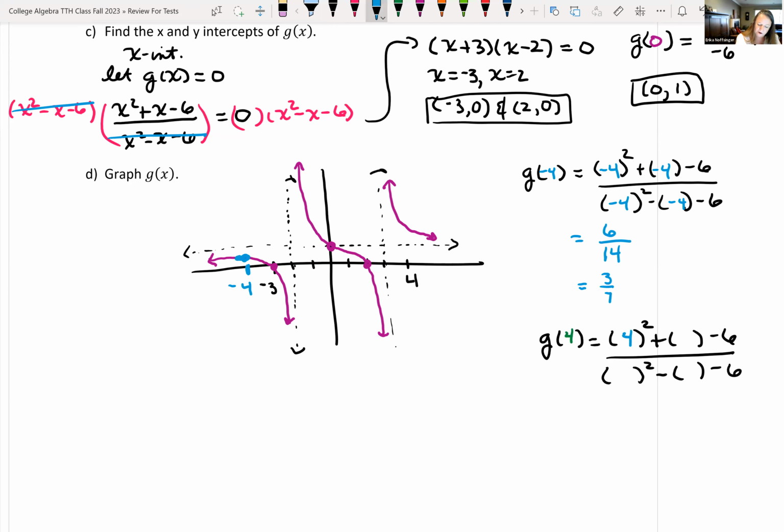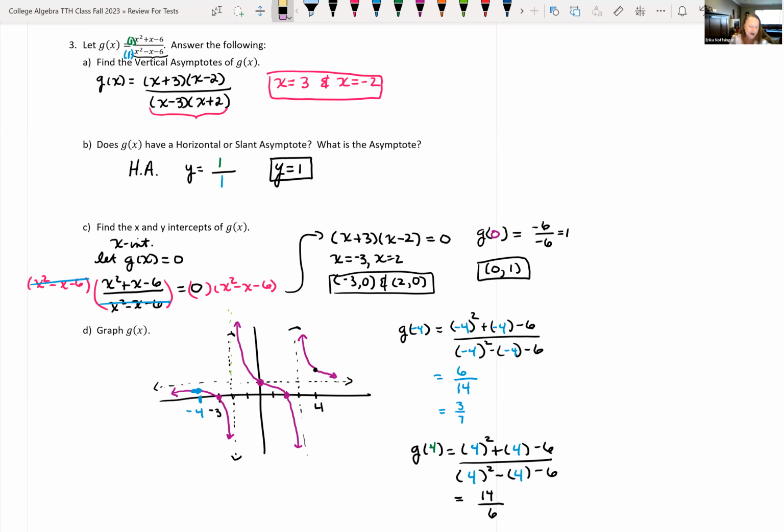So we got 4 squared plus 4 minus 6 all over 4 squared minus 4 minus 6. Simplifying, I get 16 plus 4 is 20, 20 minus 6 is 14, all over 16 minus 4, which is 12, minus 6, which is 6. This is greater than 1, which is up in here. So what I did was correct.